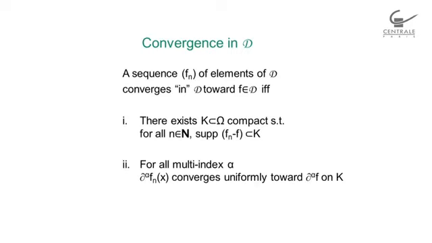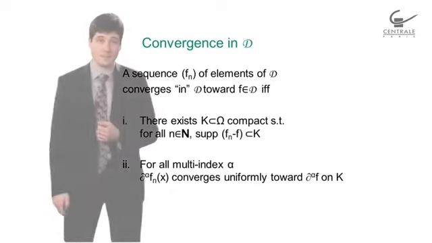And that is on the compact set K. So this provides convergence in the set D, or C0 infinity, which is the set of all functions that can be differentiated as many times as I want with compact support.